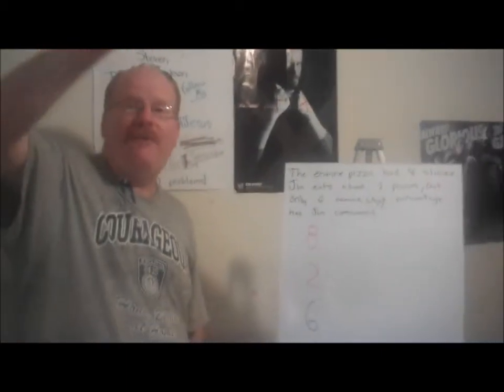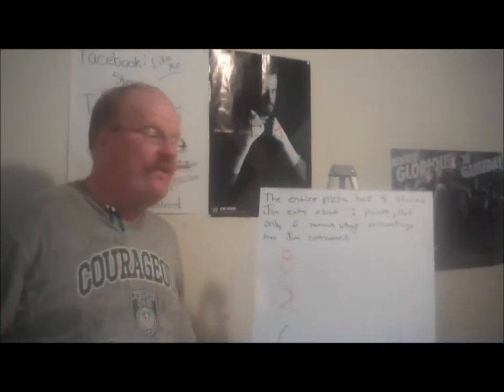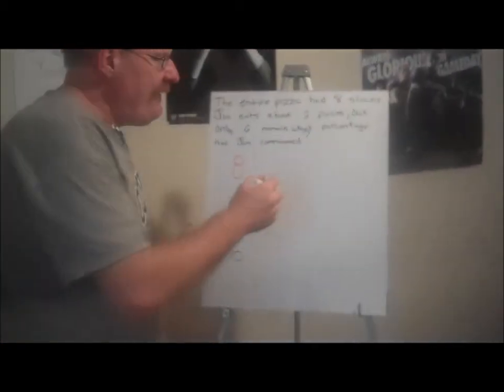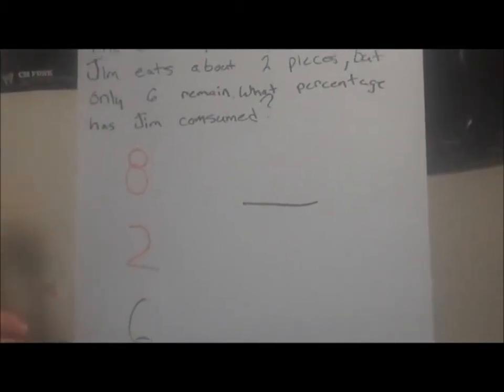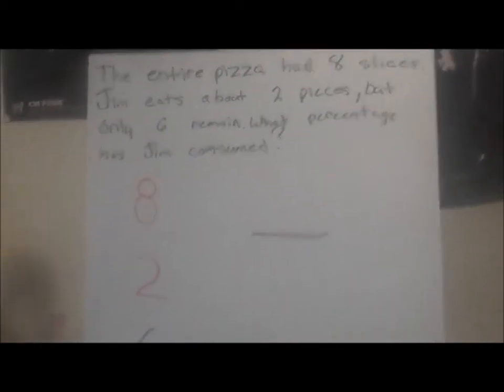And so, anytime we have a whole divided into parts, we got a fraction. Now, here's the neat part, ladies and gentlemen. That fraction in Steven's world has 2 parts. The top number divided by the bottom number.